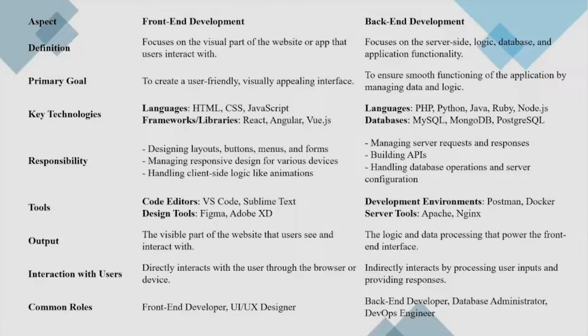And for the backend logic, the languages are PHP, Python, Java, Ruby, and Node.js, and the databases are MySQL, MongoDB, and PostgreSQL. When you would like to execute something at the server side, we go for these programming languages. Python has Django. For Java, there are Java Server Pages and Spring, which is a Java technology for accessing web pages at the server side. Node.js we use with React and Angular.